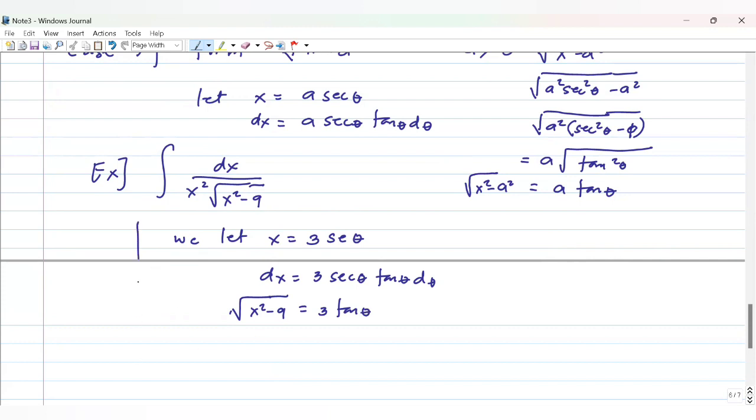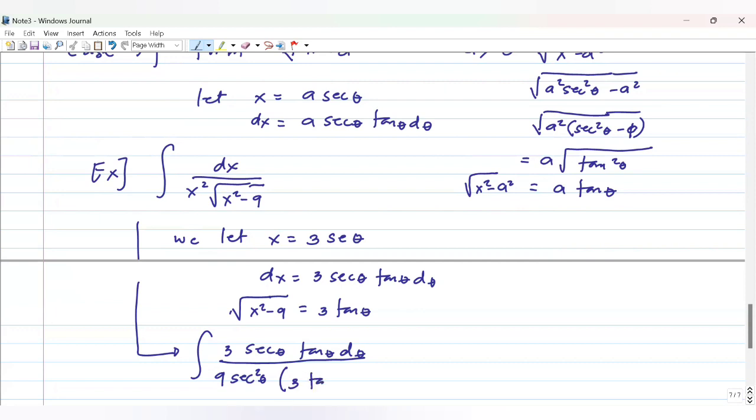Substituting it into this one, that will be the integral of 3 secant of theta tangent of theta d theta over x squared, which is 9 secant squared of theta, and then 3 tangent of theta.